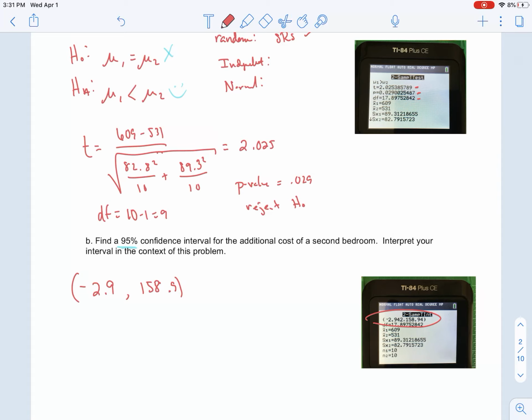The true mean difference in cost is between -$3 and positive $159. So we are 99% confident that the difference between the 2-bedroom and the 1-bedroom apartment is between -$3 and $159.